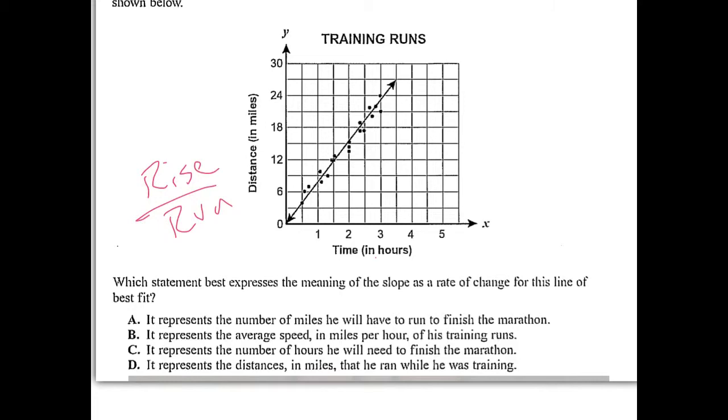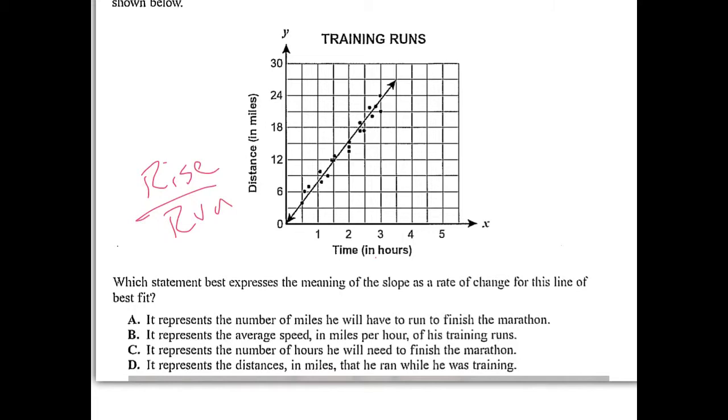Hit pause. Okay, so you have an answer. Let me talk it through. A says it represents the number of miles you have to run to finish the marathon. Okay, so we're talking about the slope of this line.